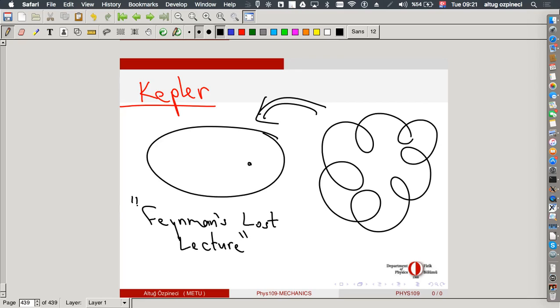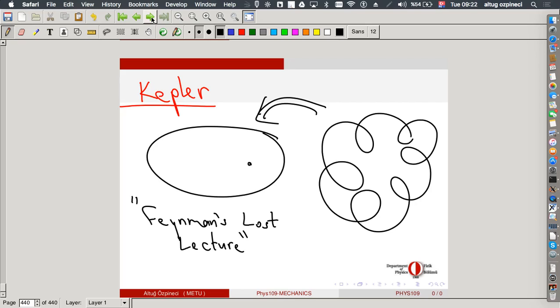This is a book. You can also find it in Turkish. It has been translated by TÜBİTAK. It's like 50 pages. It's not that long, but more than half of this book is devoted to the discussion of the ellipse. Because without really understanding what an ellipse is, you cannot really prove that the trajectory is an ellipse.